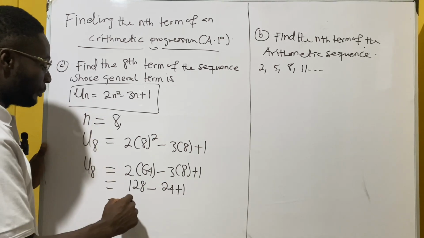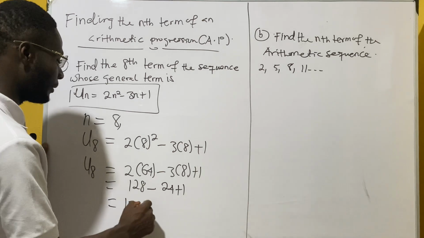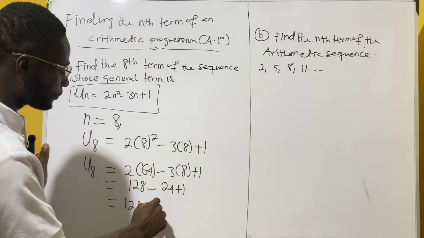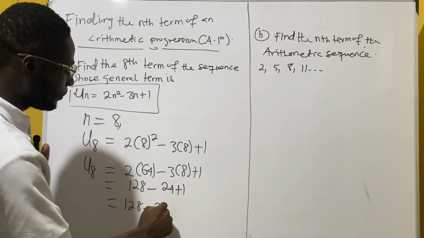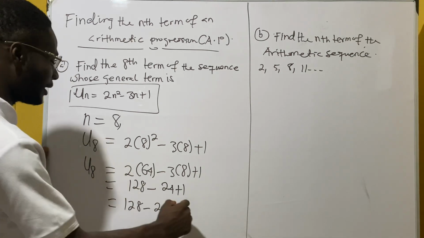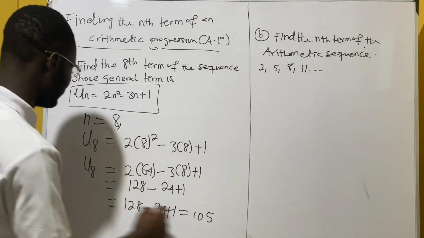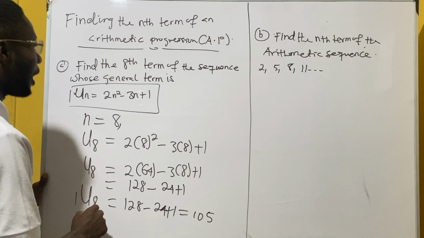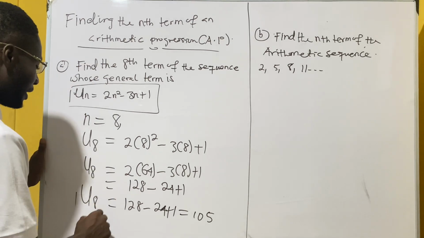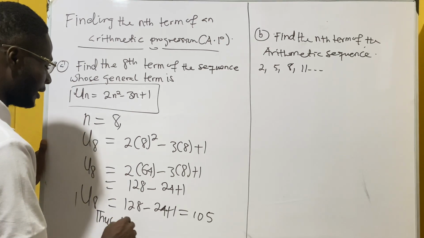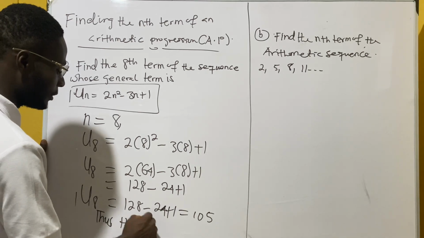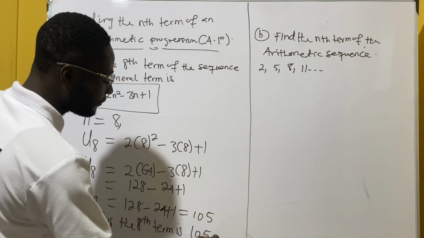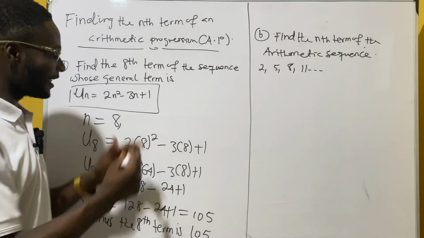Basically, we have 128 minus 24 plus 1, so we are going to have 105. Our eighth term is 105. Great.